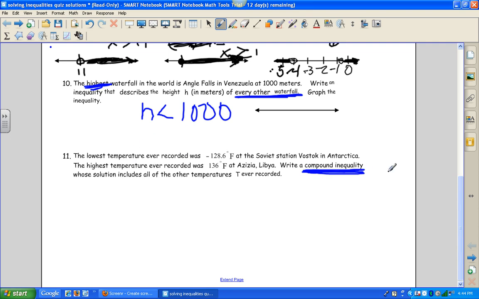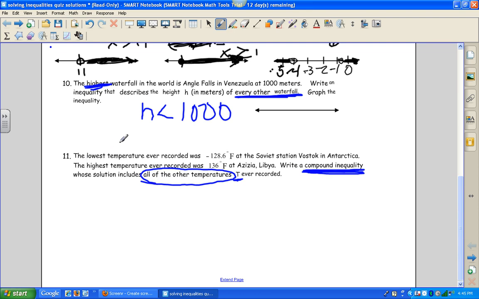Write a compound inequality whose solution includes all of the other temperatures, and they want us to call that capital T, ever recorded. So what we want is to talk about all of the other temperatures that were ever recorded.